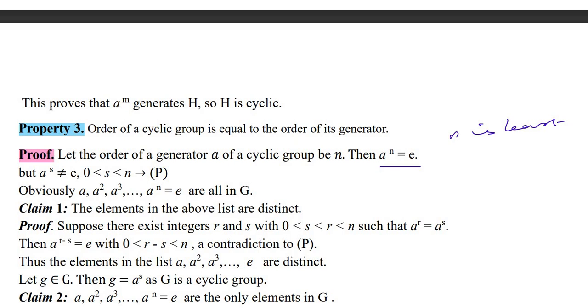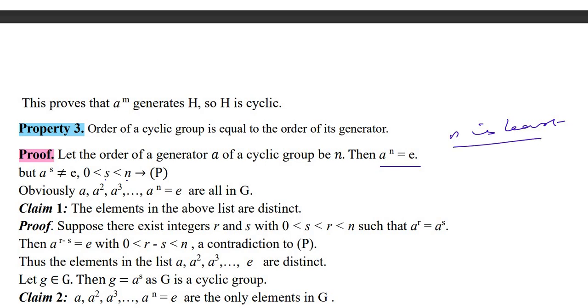So that means you cannot have any s less than n for which a^s is e. So a^s is not equal to e for 0 < s < n. That is the meaning of saying that n is least.